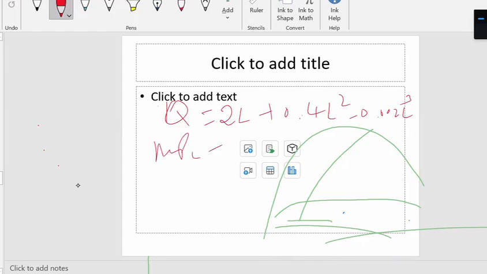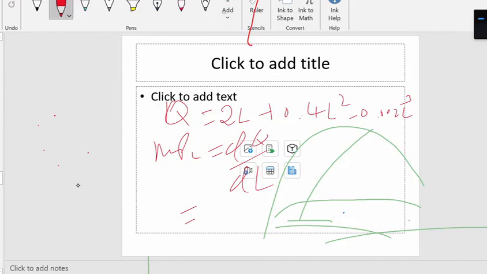So what is the marginal product of labor? Here we have to differentiate Q with respect to L, not K. There is no K there anyway. So what should we do now? Differentiate this one by one, because these are separate terms. There is 2L, there is 0.4, and there is 0.002L cubic. Starting here, how do you differentiate this one?